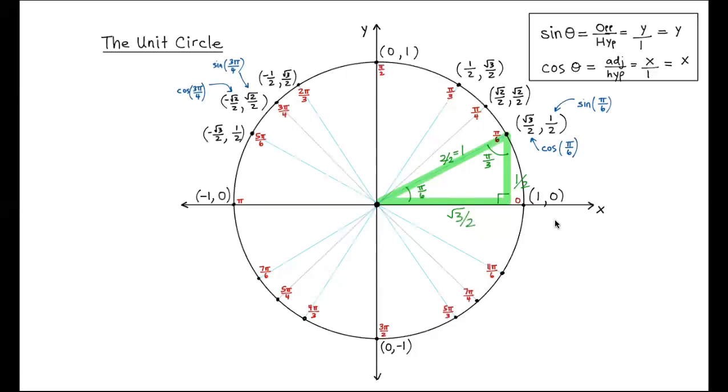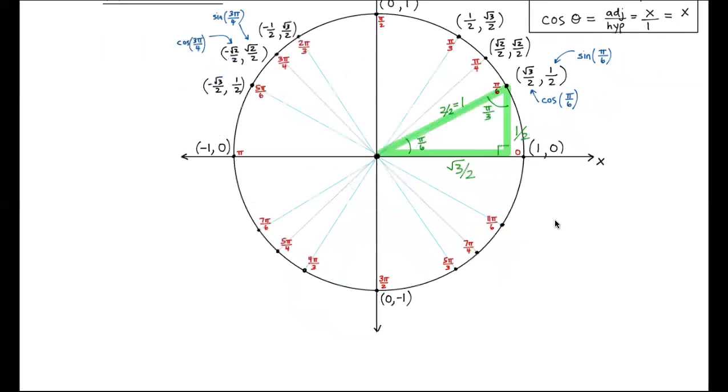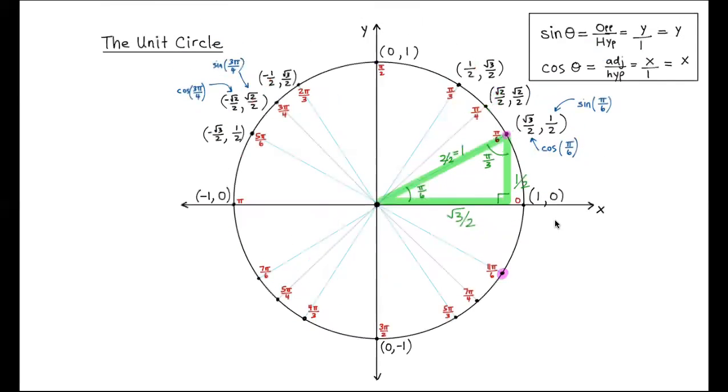Now let's go down into this fourth quadrant. You'll notice that this point is related to this point here. They're the same distance to the right, so the x coordinates are the same, but the y value is negative.